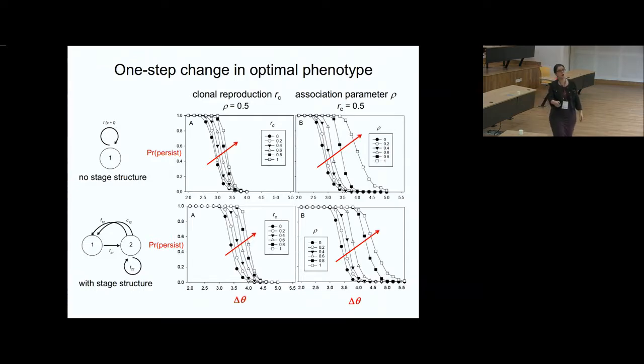If the change is small, everybody's fine. It's in the middle that there's some difference. What we see is that as we increase clonal reproduction, or as we increase the association parameter, we increase the probability of persistence for a given change. In other words, clonal reproduction and this association in E makes things better. It makes the populations more likely to survive.